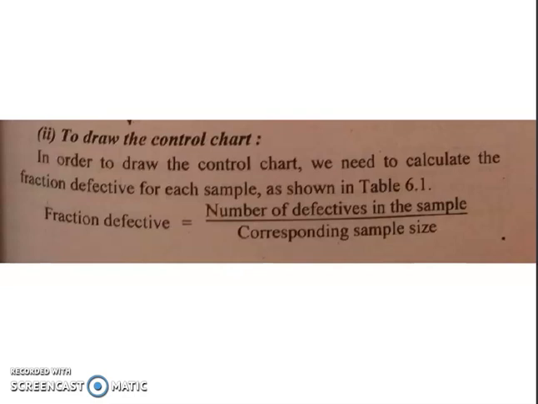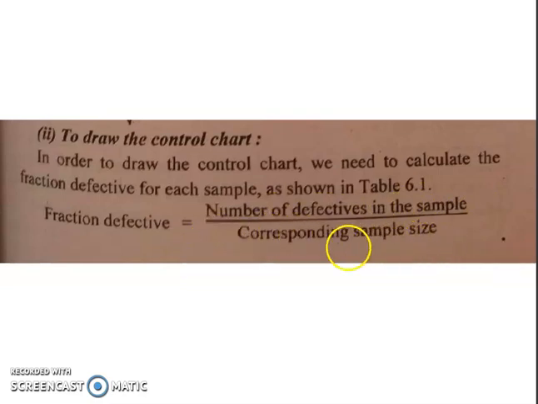Next, to draw the control chart, as I told you, whatever chart you construct, in the y-axis you have to take that particular value. P chart means in the y-axis you take the p value, and in the x-axis you take sample numbers. Here p means fraction defective, which is np divided by n: the number of defectives in that particular sample divided by that sample size.